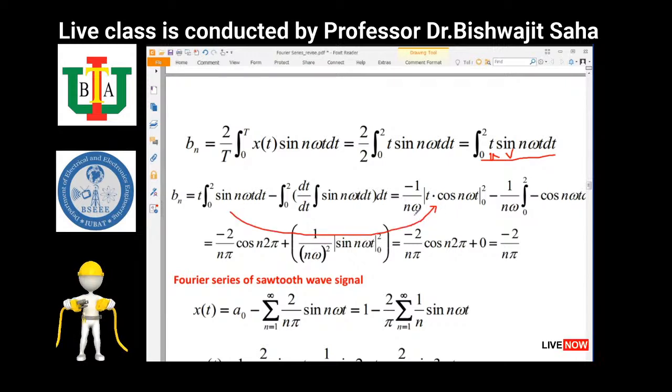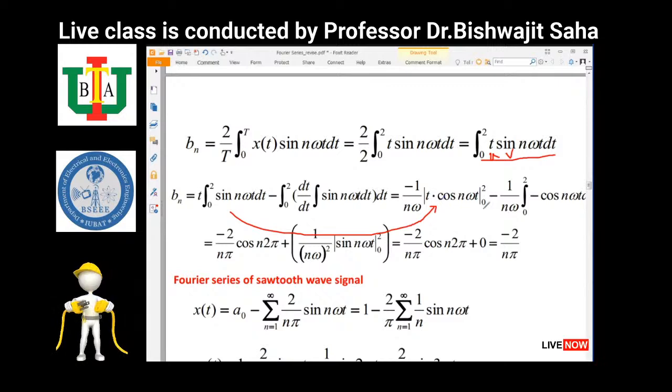Sine converted to cos, and a minus sign comes here, minus 1. Another interesting point is that cos 0 will be 1, so there is no problem. And cos 2n pi, again pi coming, so 2 pi. So here is no problem, I think.